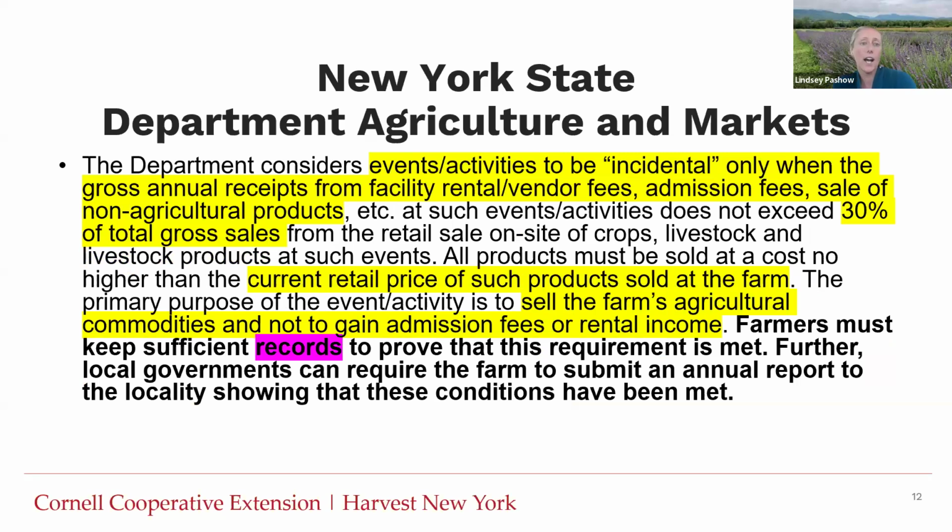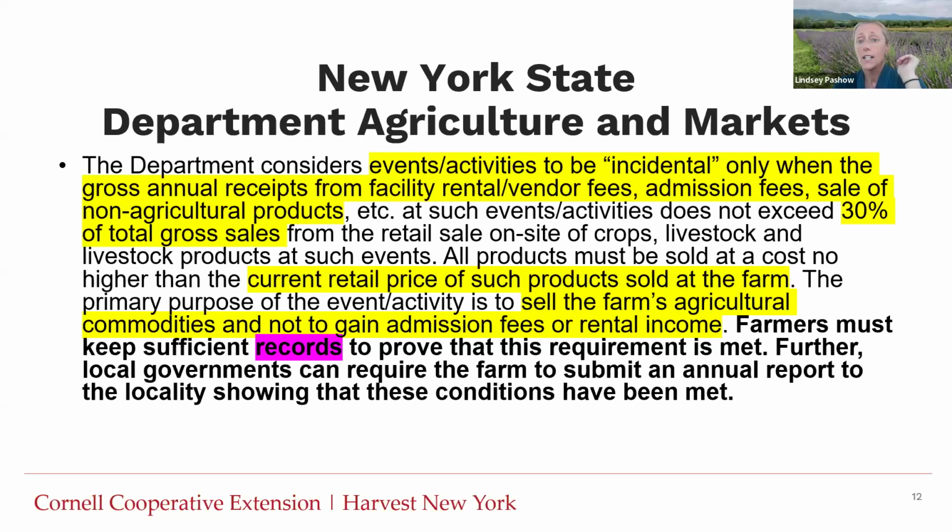The other thing that I like to highlight, and this is not easily defined within the department, is that events and activities are incidental only when the gross annual receipts from facility rentals, vendor fees, admission fees, and sales of non-agricultural products are limited.